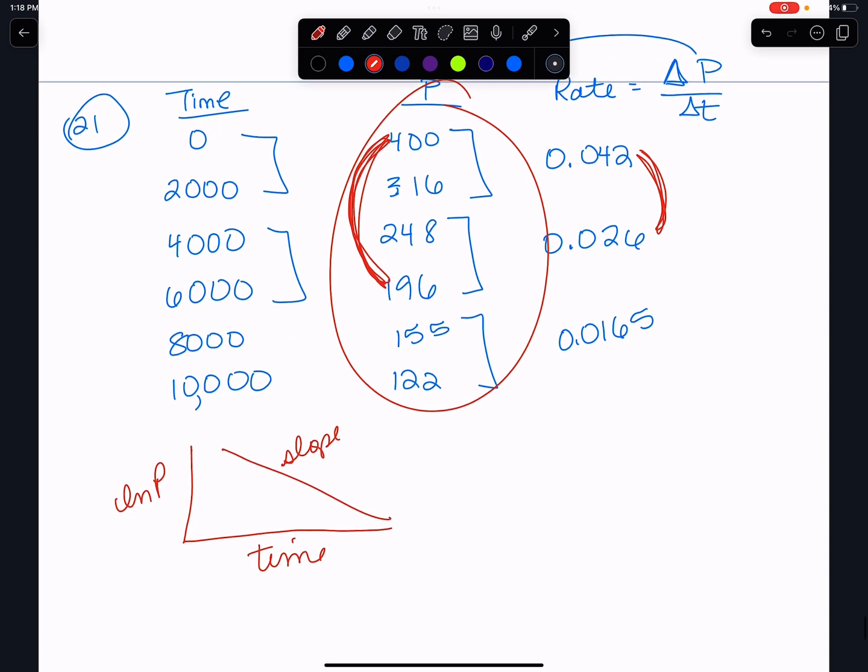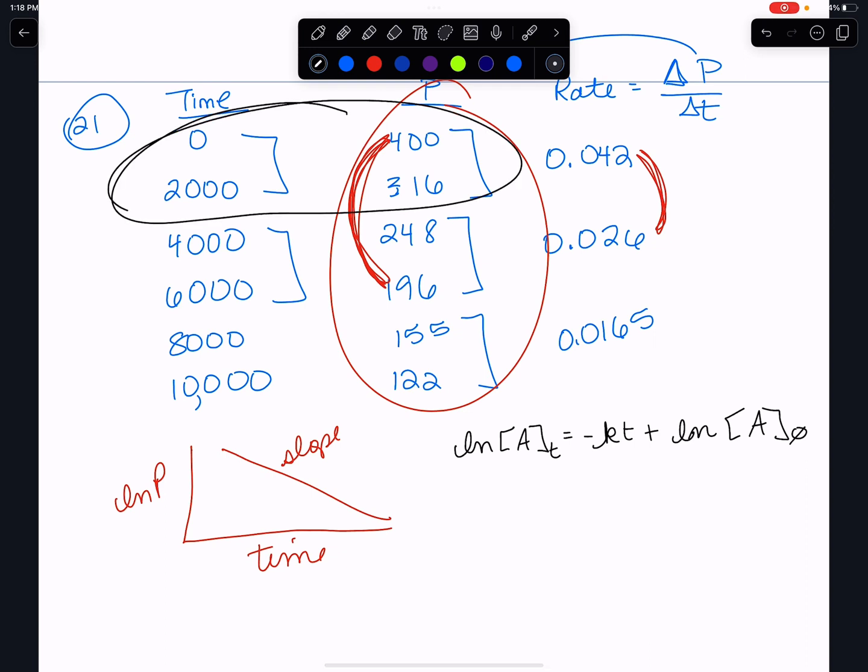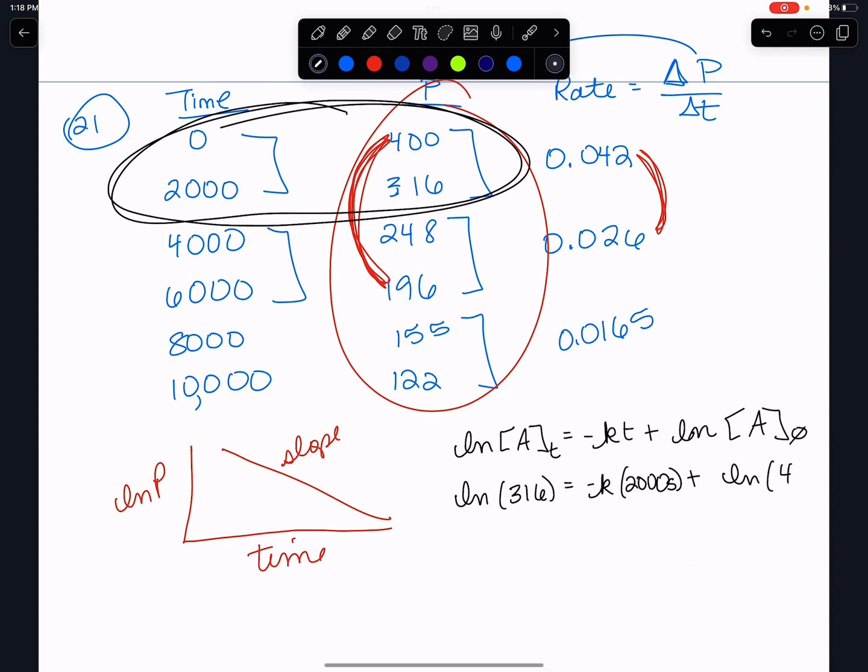Or you can solve for the rate constant using this formula: the natural log of A_t is equal to negative kt plus the natural log of A_0. And the concentrations are going to be at initial and final. You can pick any 2 points of data, but I'll use these. So the natural log of 316 is equal to negative k times the time, which here is 2,000 seconds, plus the natural log of 400.